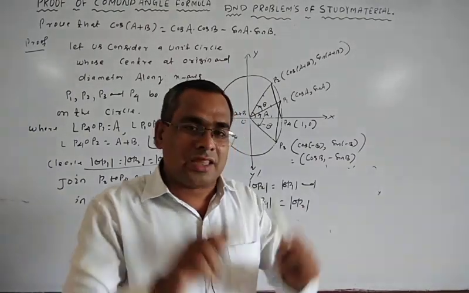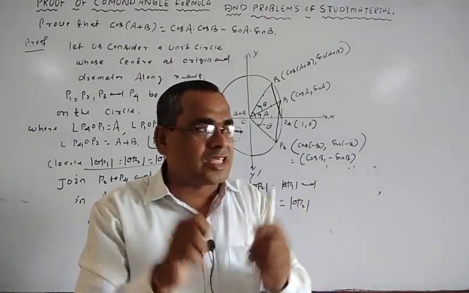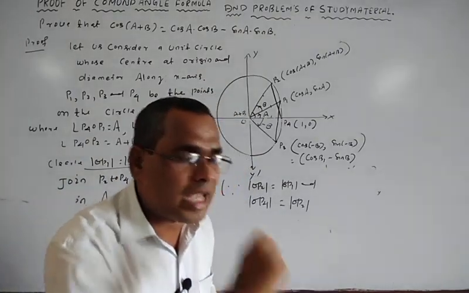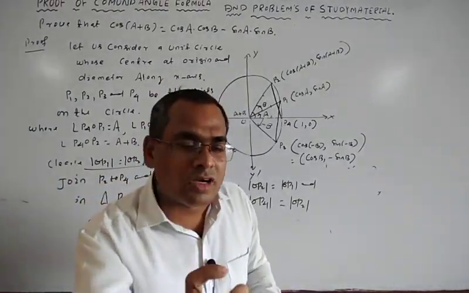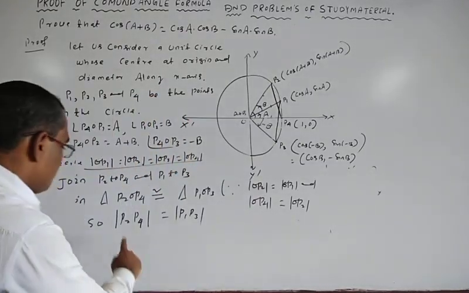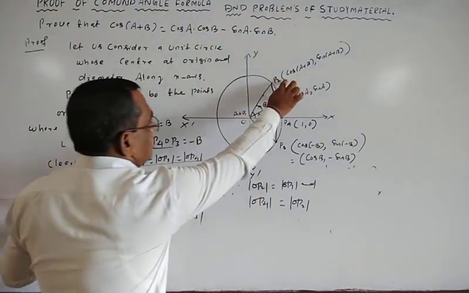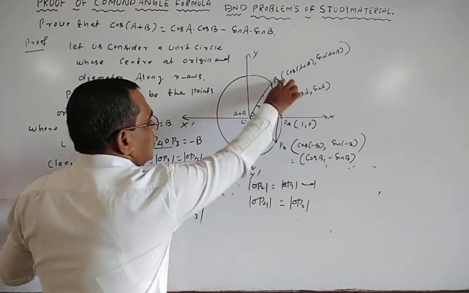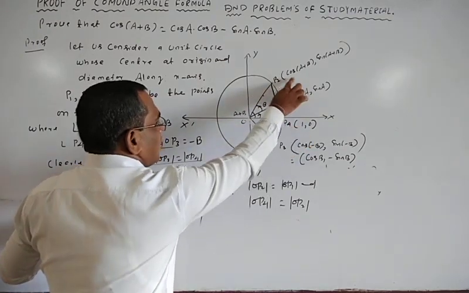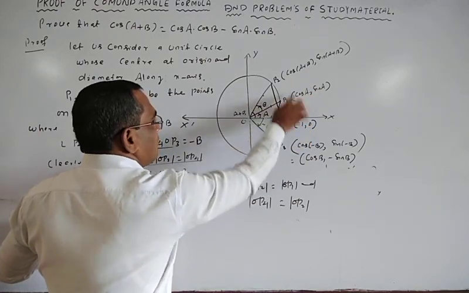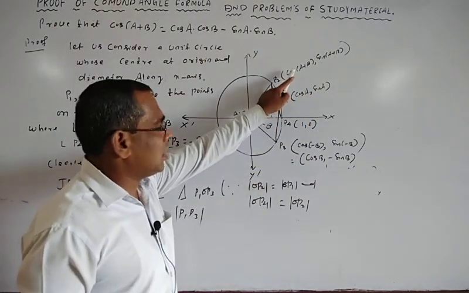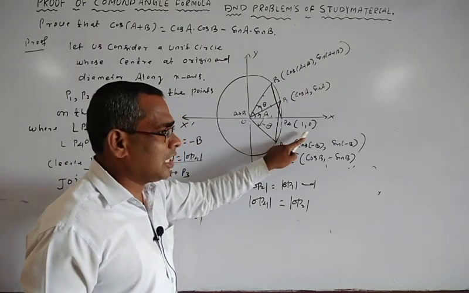You know the distance formula. So P2P4: this one is P2 and this one is P4, so its distance means the x coordinate is 1 and the other x coordinate is cos of a plus b. This one is x1, y1 and this is x2, y2.